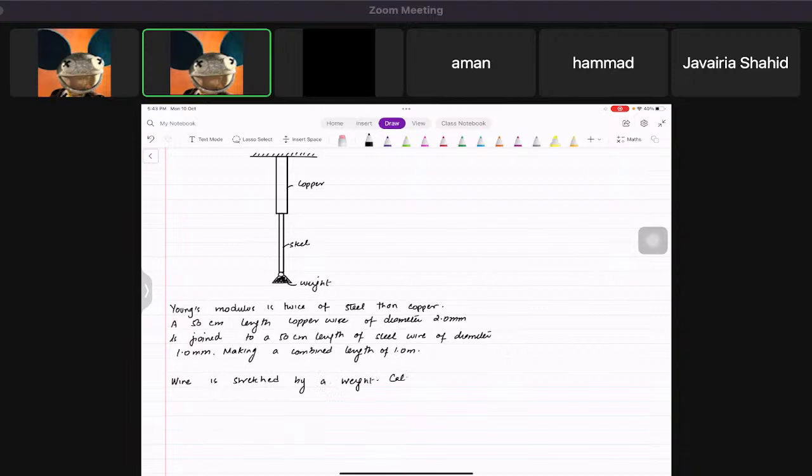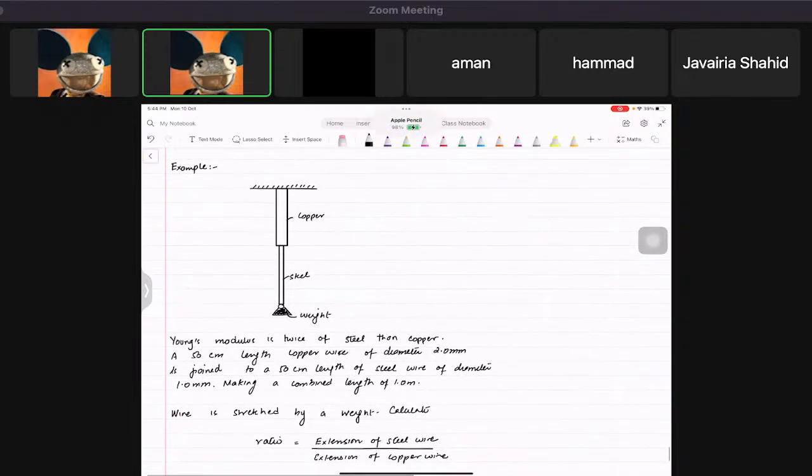So they say calculate the ratio of the extension of steel wire over the extension of copper wire. Do you guys understand the question? Okay.